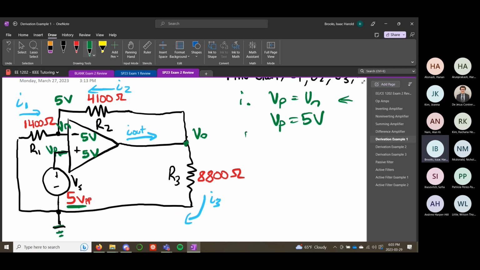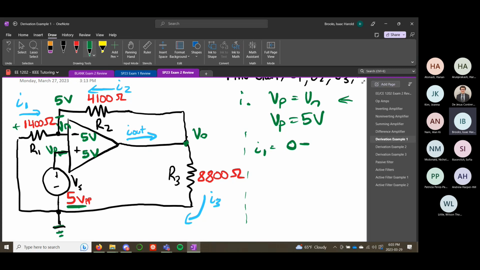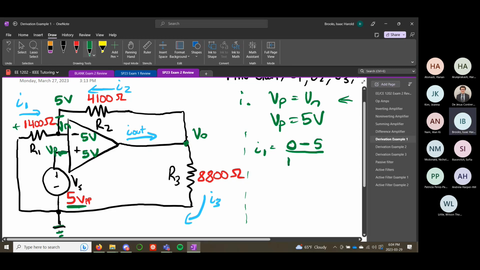Let's try and find I1. Okay. So I1 is flowing through this resistor R1, positive to negative like that. So on the positive side, we have ground. That's 0 volts. And we're dropping to Vn. We know that that's 5 volts over R1, which is 1400 ohms.